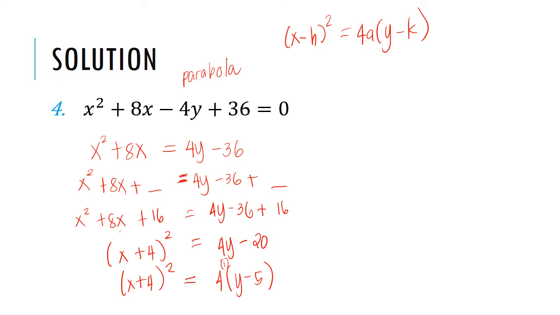It may be omitted, but it's there. A is 1, and thus we factor out 4 there. And so we prove that question number 4 represents a parabola because it corresponds to the standard form of a parabola.